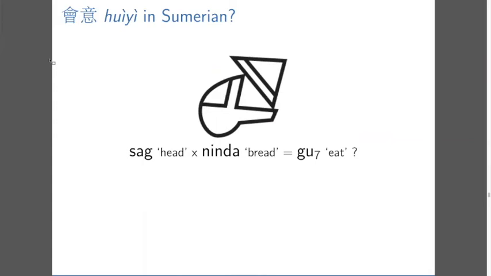And I just want to point out that it is not necessary to look at this picture and analyze it as sag plus ninda. You can just say it's a person putting bread in their mouth.